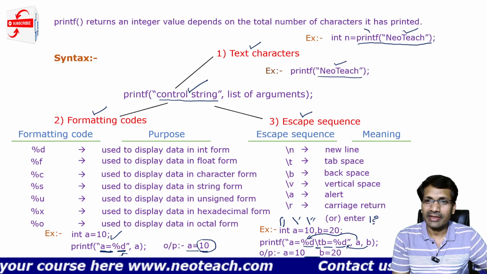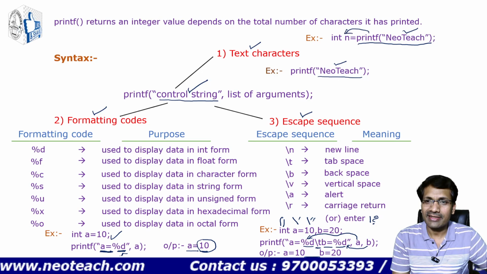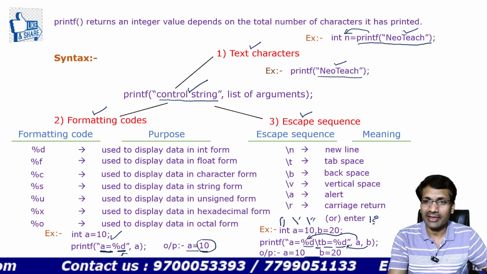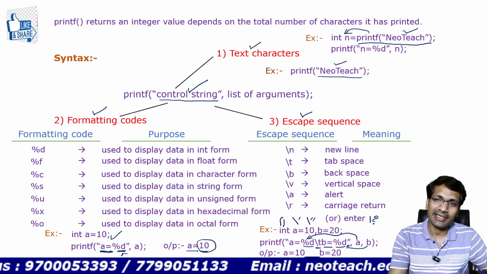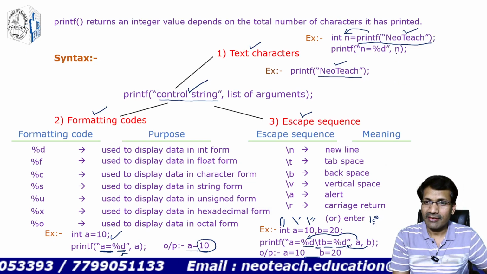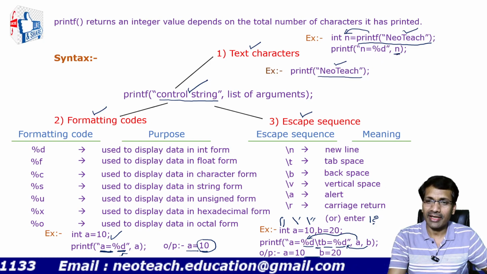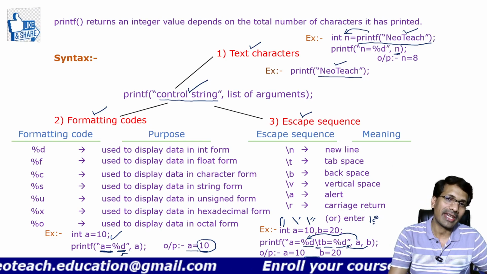For that reason, the 8 written by this function is assigned to the n value. If I want to output this n value, I write printf n is equals to %d. In place of %d, I want to format the n value. That n value is 8, so we will get the output n is equals to 8.